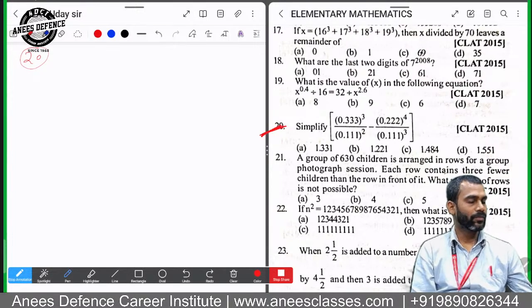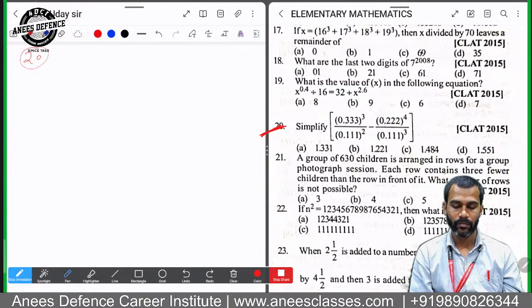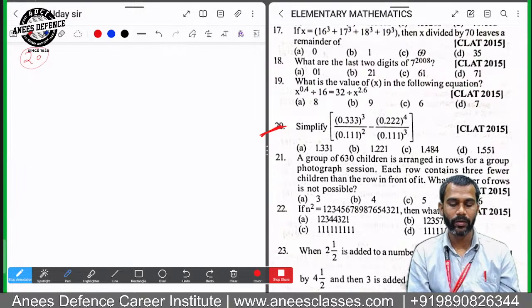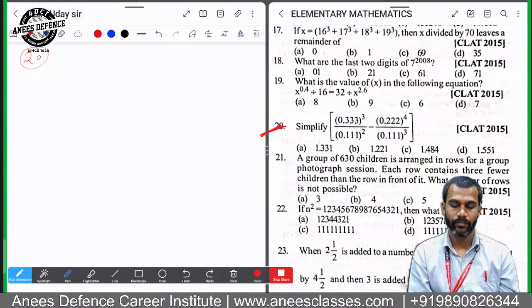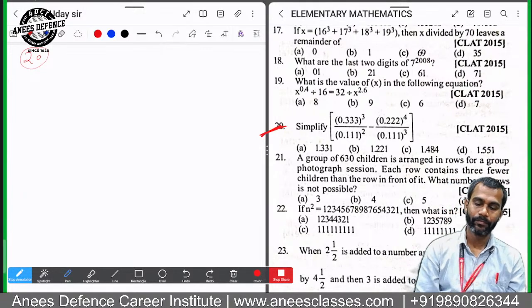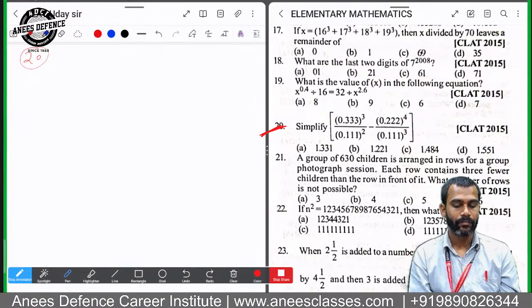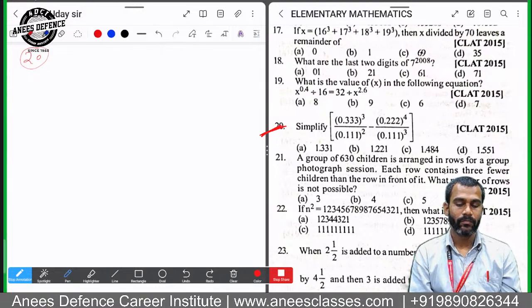How can we simplify it? Take 3 common. Very easy.